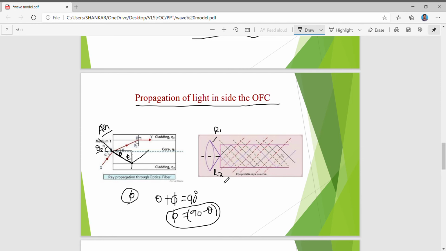We are inserting the signal, it is ray 1, and another signal ray 2. The incident signal ray 1 will be reflected back, means it will make the total internal reflections inside the fiber, and ray 2 is also reflected here.